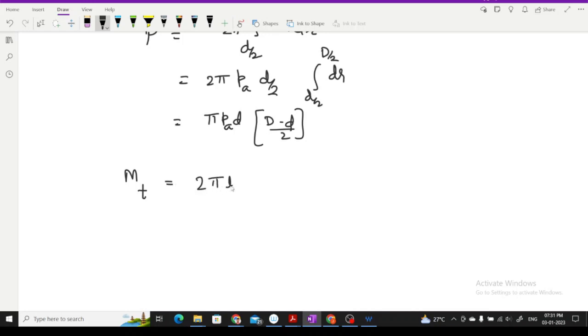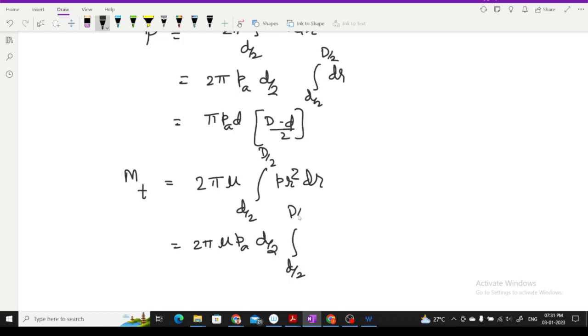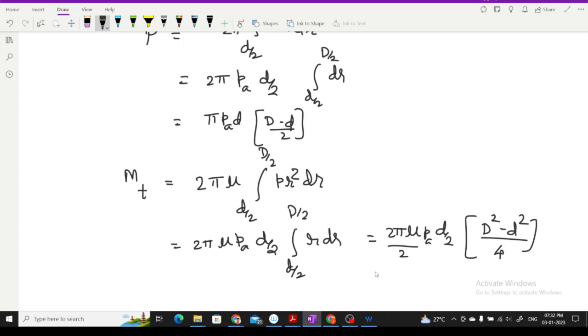Here also you will have 2 pi mu, and the integral from d by 2 to D by 2 of r square dr. So you will have 2 pi mu PA into d by 2 for this P into r, and still you will have r dr. Here you go for the integration, r square by 2, putting in D square minus d square by 4 over 2.